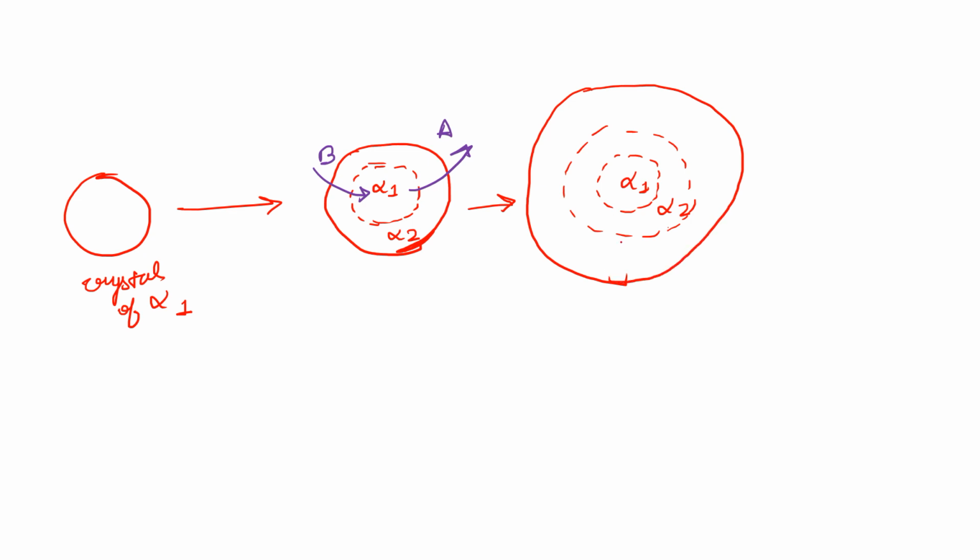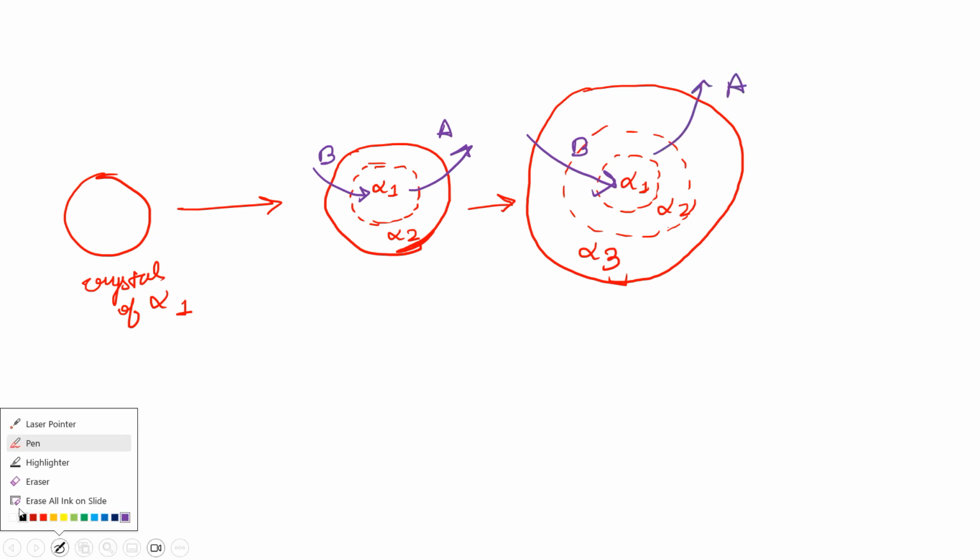Let's say this is alpha 3. Again to accomplish that, we need some diffusion of B inside and some diffusion of A outside, because we are getting richer in B and lower in A.